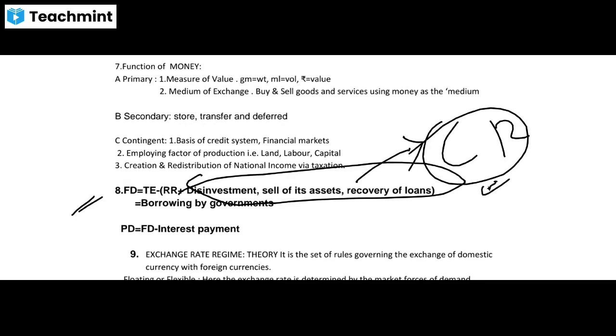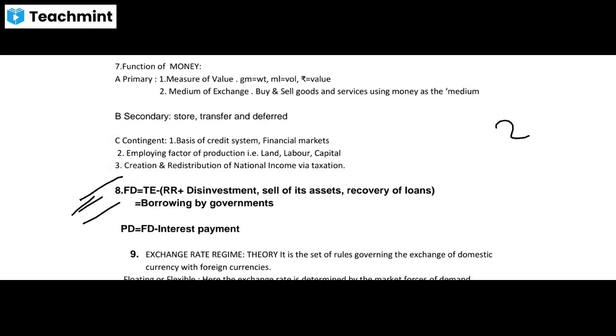So fiscal deficit is nothing but your borrowing by the government. The total expenditure will cancel out all these things, but the remaining thing that will be left is your borrowing by the government.